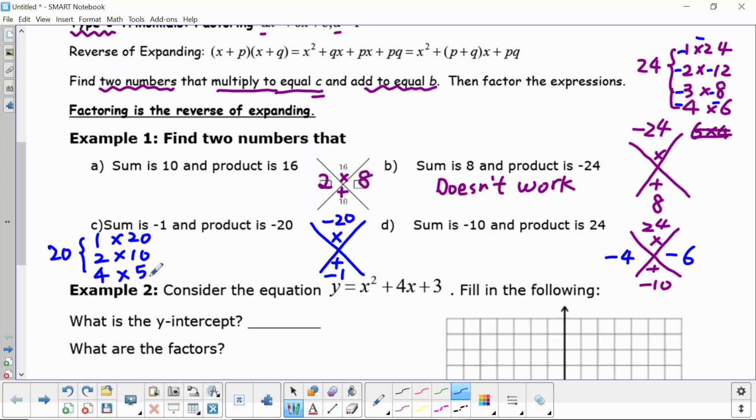So you have 3 pairs. And the sum is negative, so the larger number need to be negative. So first thing, larger number, sign, same as the sum.